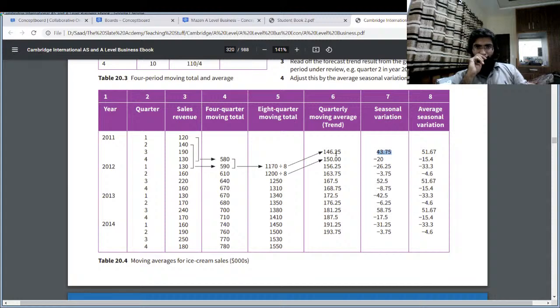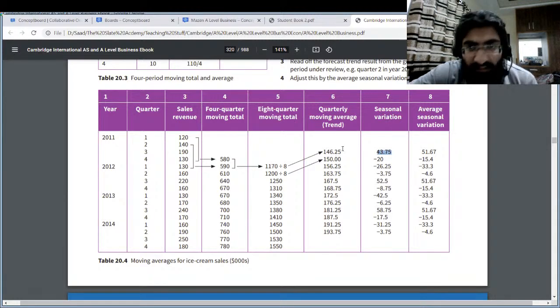And then the last thing is that you do the average variation. This time in quarter 3, the variation was 43.75. In next year's quarter 3, the variation was 52.5. In the next year's quarter 3, it was 58.75. So I think that's it.